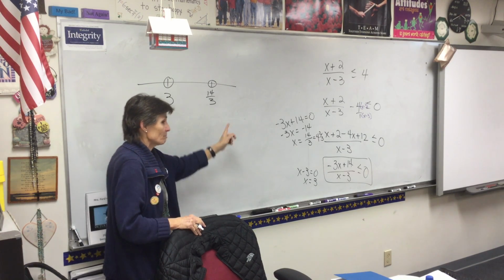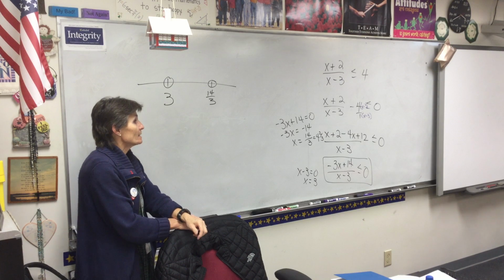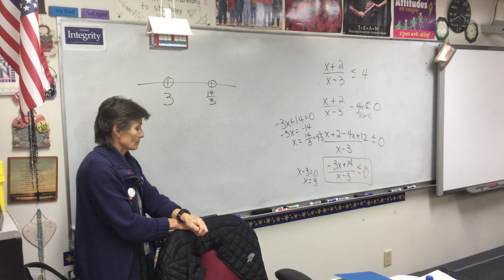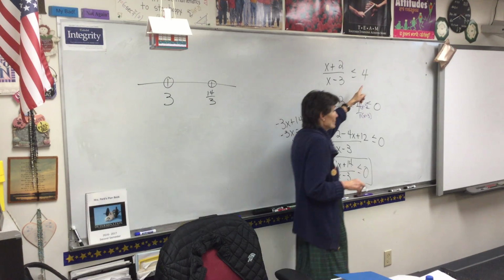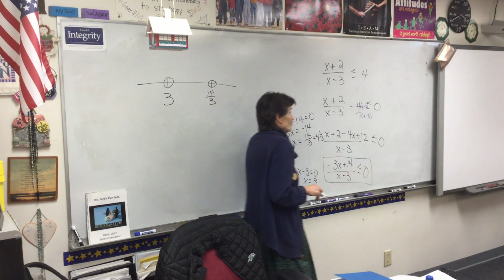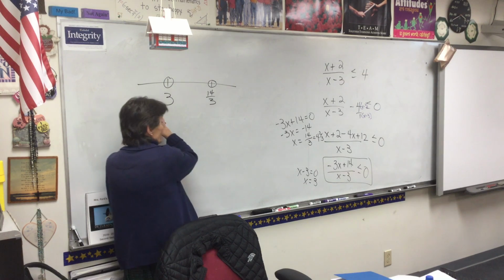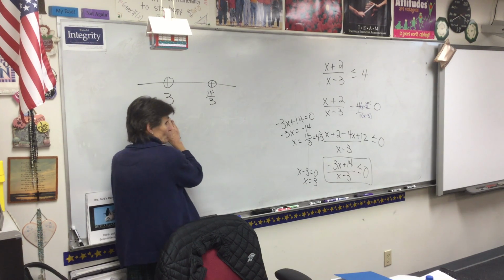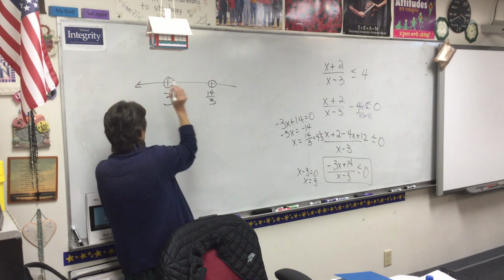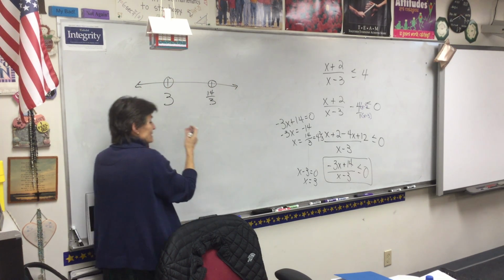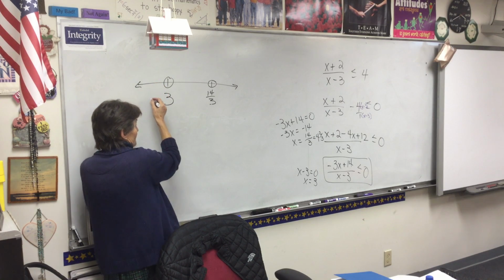Because we did all that arithmetic, this problem is a little bit different than the normal ones because it started out with a 4. So what I need for you to do is pick a number, any number that isn't these 2. What did you pick? 1? That's an easy one to use. So 1 would be fine.